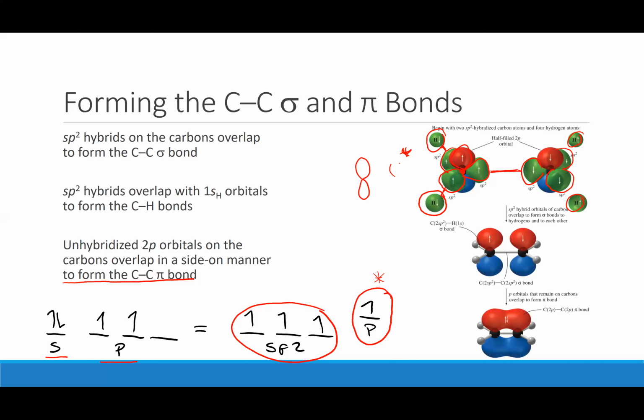And those p orbitals on either side are going to form a pi bond. That's represented here. So sp2 orbitals have this ability to make pi bonds using their leftover p orbital. And so normally you see sp2 orbitals when it comes to carbon associated with double bonds.